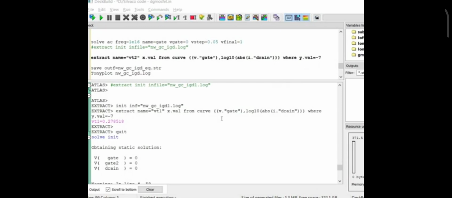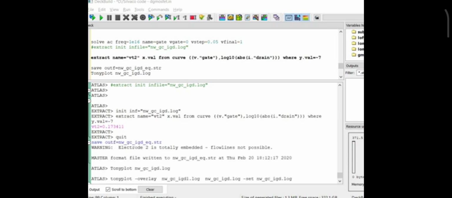When the VDS voltage is equal to 50 millivolt, the threshold voltage is high, at 0.278 volt. When the VDS voltage is equal to 1 volt, the threshold voltage is reduced to 0.173411 volt.